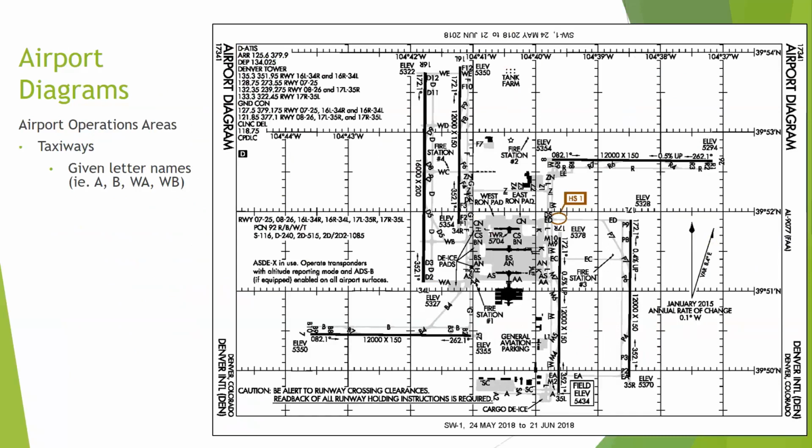Okay. WA, WB. If you have enough taxiways that you run out of alphabet, you start doubling letters. Okay, you put letters together. I think here's WA right here. AS, double A, Mike. Golf runs all the way along the runway there. Delta. Okay.